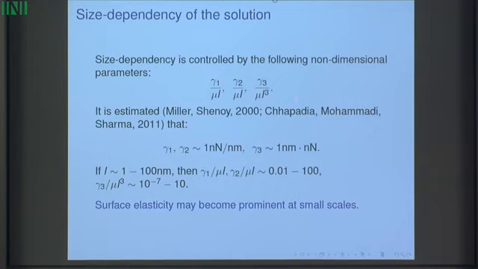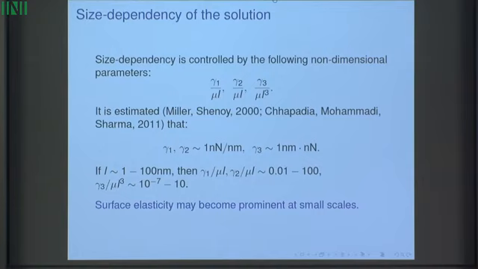So gamma 1, gamma 2, gamma 3 here are correspondingly pre-stress, Lamé parameters, and bending parameter of your energy. And those parameters, they cannot be easily measured. Again, measuring surface tension at nanoscale in metals is complicated. So typically those parameters are obtained by atomistic simulations.